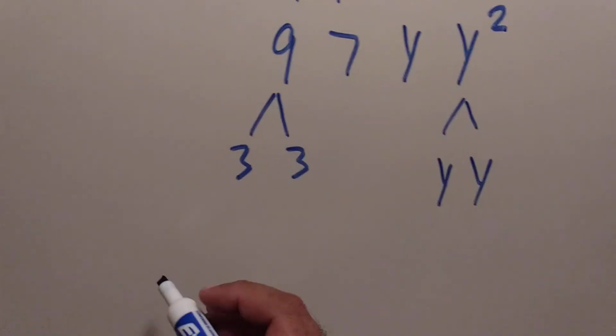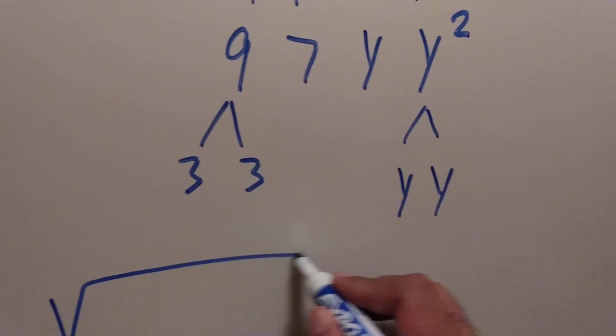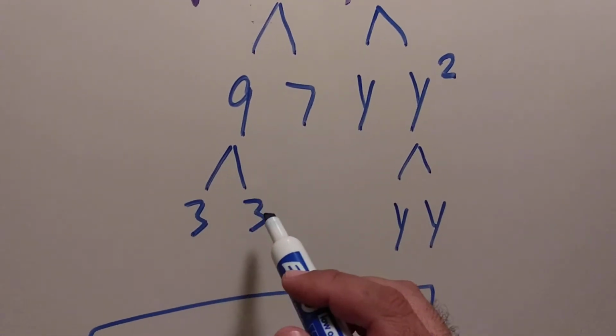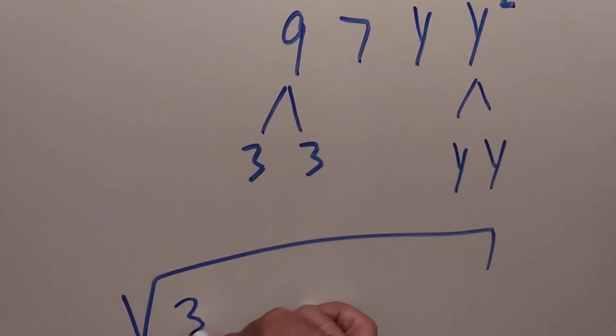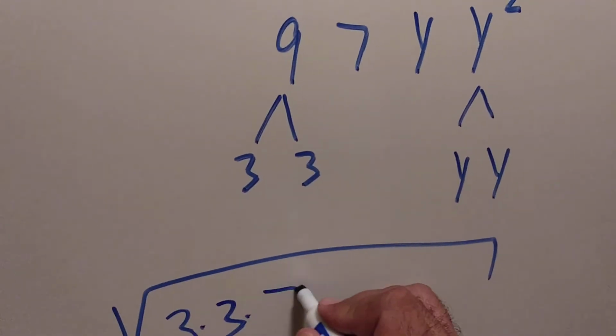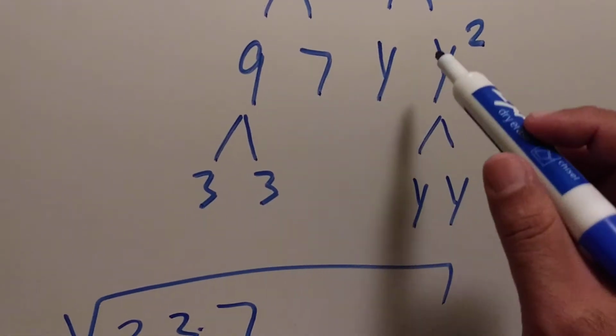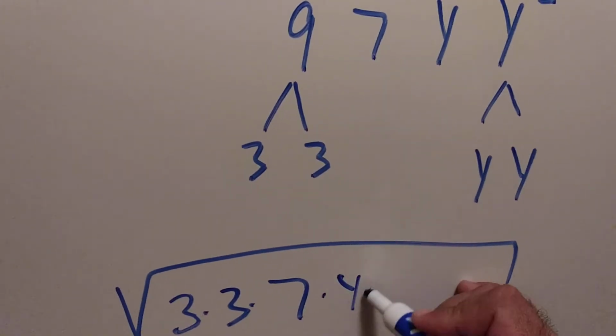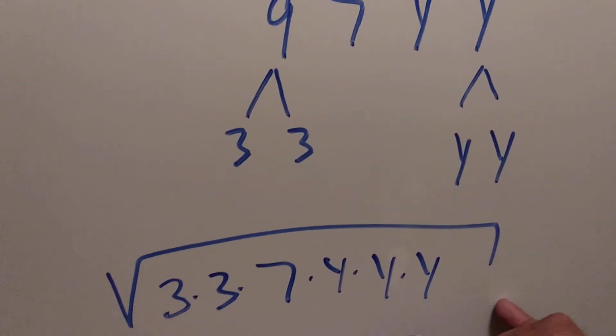So now to bring it all together, as we did in the previous section, we have how many numbers here? We have 3 times 3 times 7. And how many y's? We have 1, 2, and 3 y's, so y, y, y.